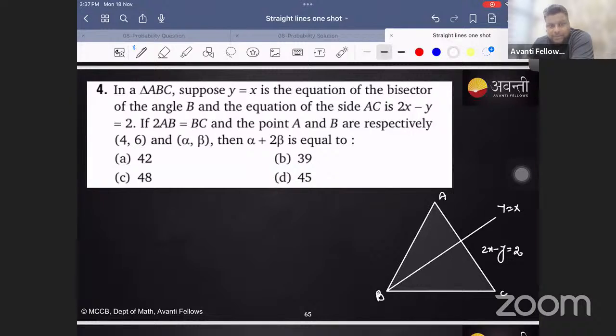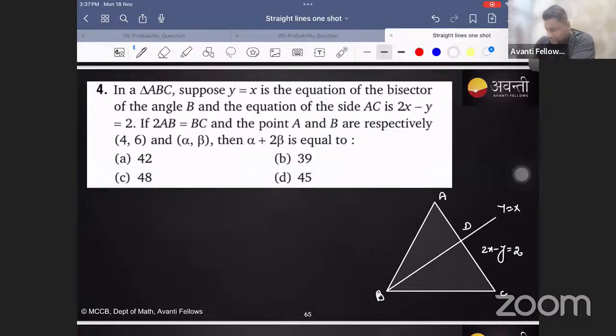Now, twice of AB is BC. The points A and B are respectively (4, 6) and B is some (alpha, beta). They are asking for point B.